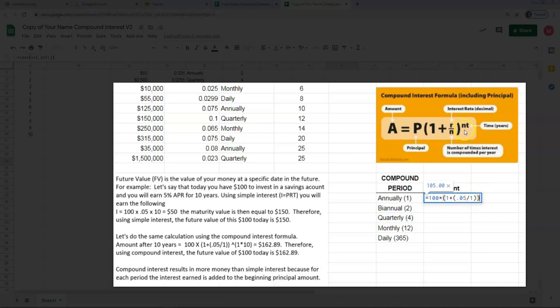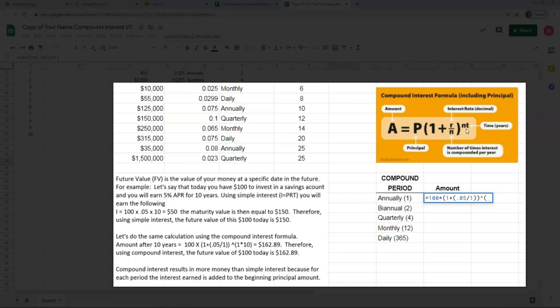The last part of it here is this exponent of n times t. So in order to raise the entire calculation to a power, we need to use the caret, which is the symbol upward facing arrow located above the number 6. So use your shift key, insert that caret. We also need to enclose that calculation of n times t within a parenthesis.